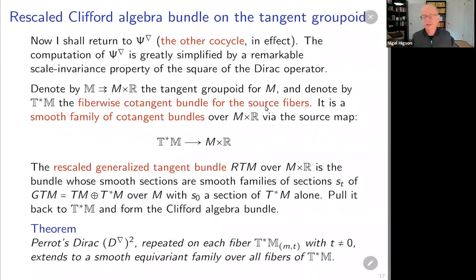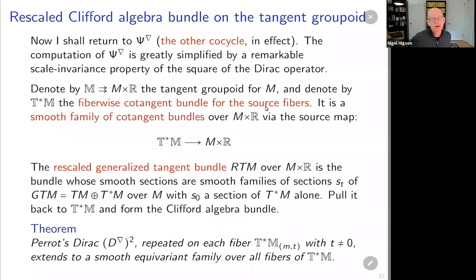It's a small variation on the usual GTM to build RTM. The two bundles are isomorphic actually, but in a non-trivial way.